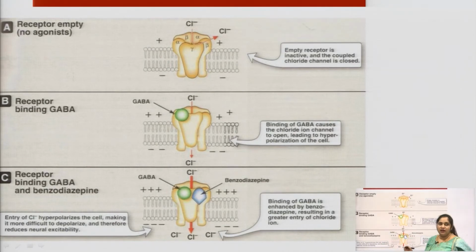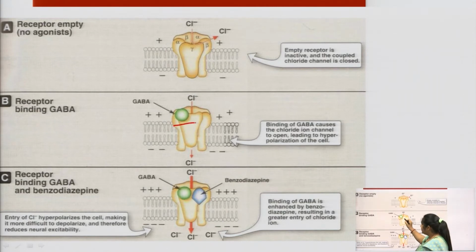Here we can clearly see how benzodiazepines work on the allosteric site. For example, this has been shown, like the chlorine, the receptor is empty. Receptor is empty means there is no GABA at this site, so there is no entry of chlorine right now.